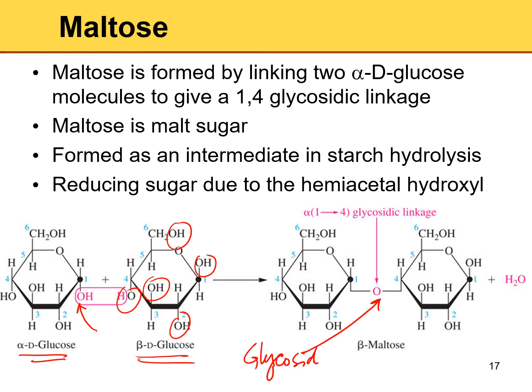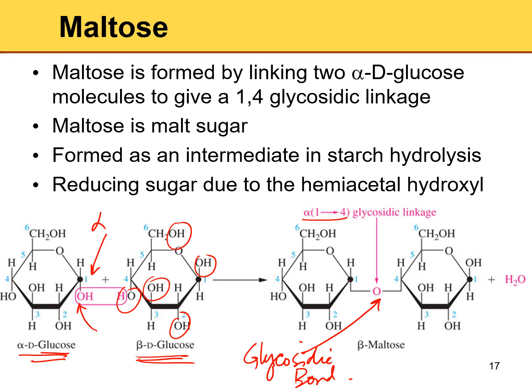Glycosidic bond, right? With two glucose linked together, this bond has a name, and we call it alpha 1,4. Alpha from the fact that this first is alpha OH. So there was an OH here, and this was alpha, right? And then the reaction was from carbon number 1.